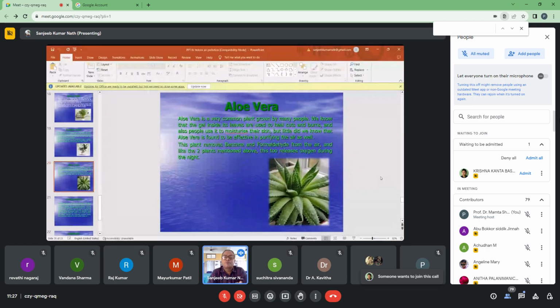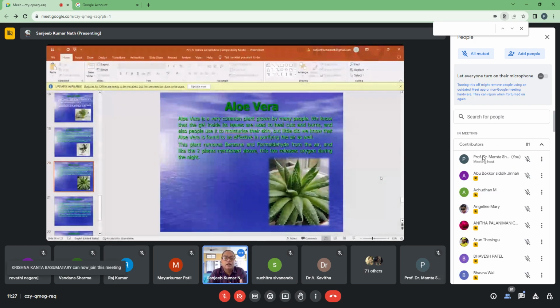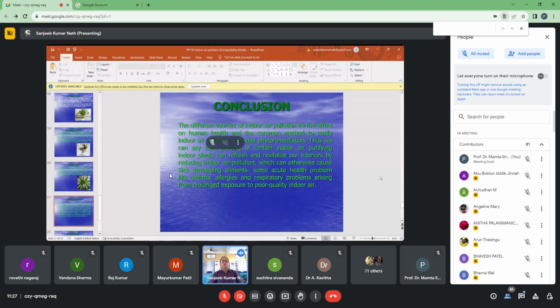This plant removes benzene and formaldehyde from the air, and like other plants mentioned earlier, it releases oxygen during the night. So these are some of the very common plants which can minimize or combat indoor air pollution. In other words, they can purify it.